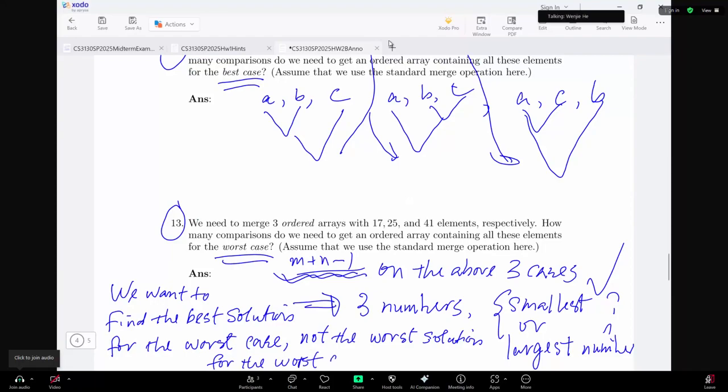The word worst case, but you use this worst at the wrong place. You pick the worst solution. Everybody wants the best solution. Although we consider the worst case, we still want the best solution. Nobody wants to get the worst solution, right? That's the difference.